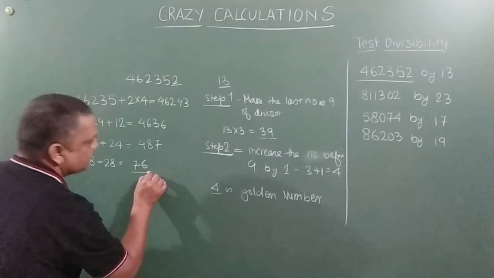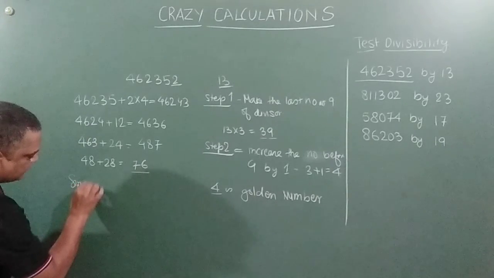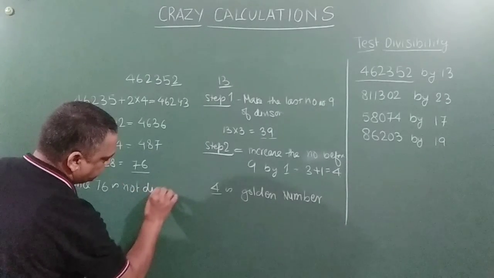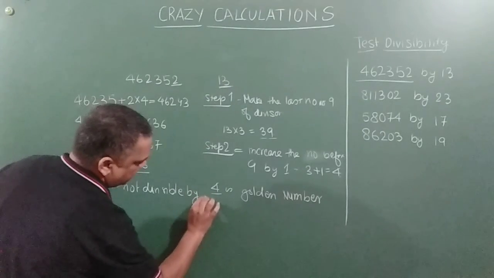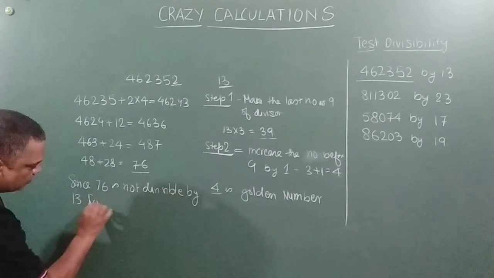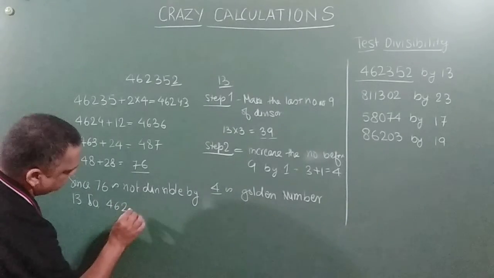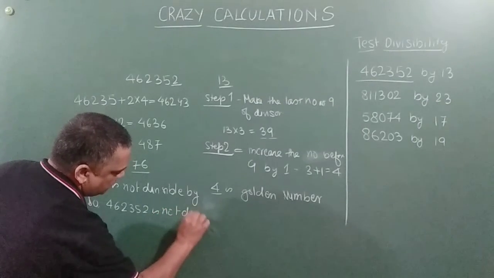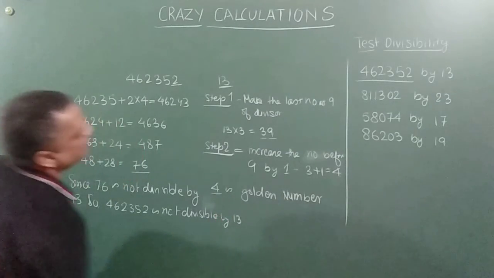So this 76 is not divisible by 13. Since 76 is not divisible by 13, 462352 is not divisible by 13, right?